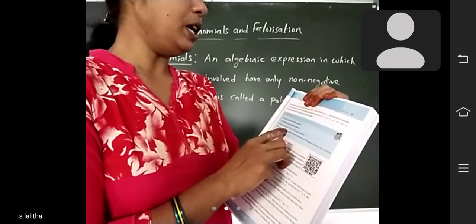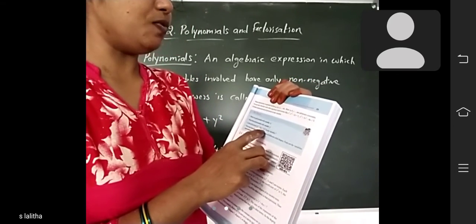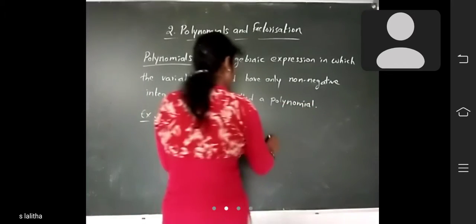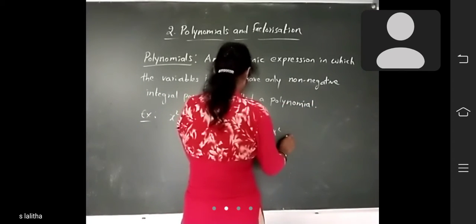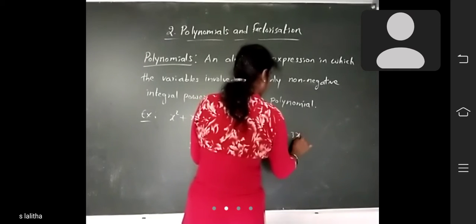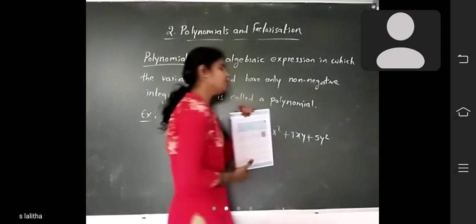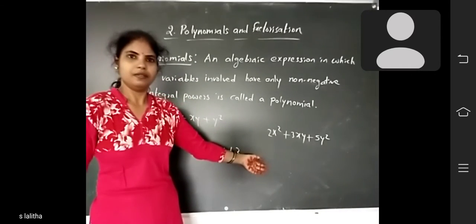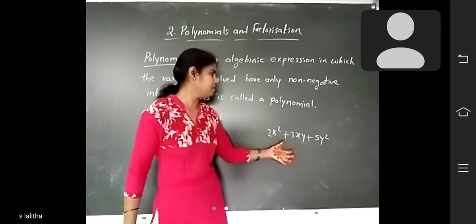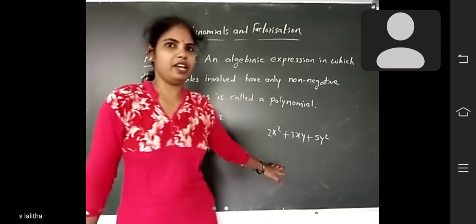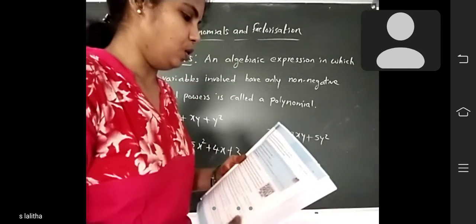Is the polynomial 2x square plus 3xy plus 5y square in one variable? Is this polynomial in one variable, children? No. Why? Because here how many variables? x and y. Two variables are there. It is not one variable. Okay, children? You have to write no.